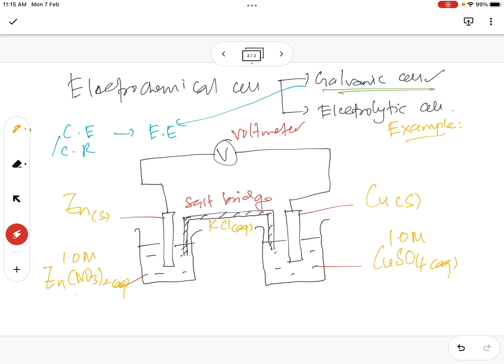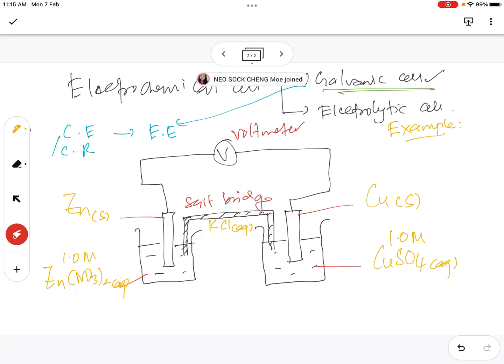Especially kalau saya buka file ni, saya tengok the popular question in PSPM is about salt bridge. Salt bridge is one of the popular question. So you can see salt bridge, as I said, example of solution inside the salt bridge can be potassium chloride, sodium nitrate, what else? Sodium sulfate. Semua ni boleh jadi salt bridge lah. Solution dalam salt bridge. Tapi salt bridge ni memang menghubungkan dua-dua beaker sebelah kiri dan kanan.